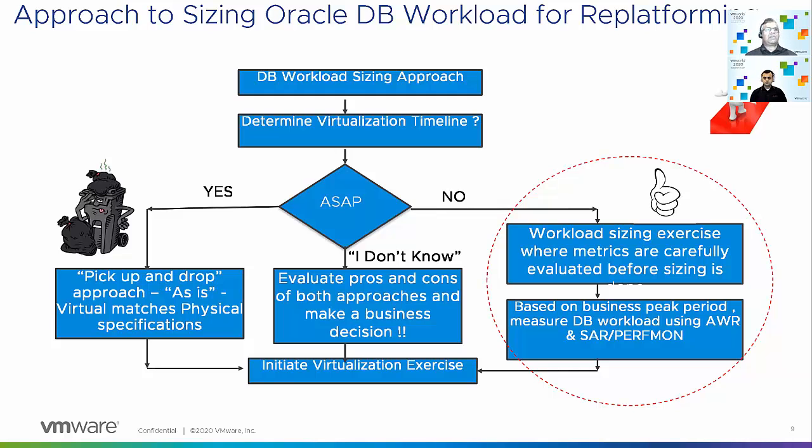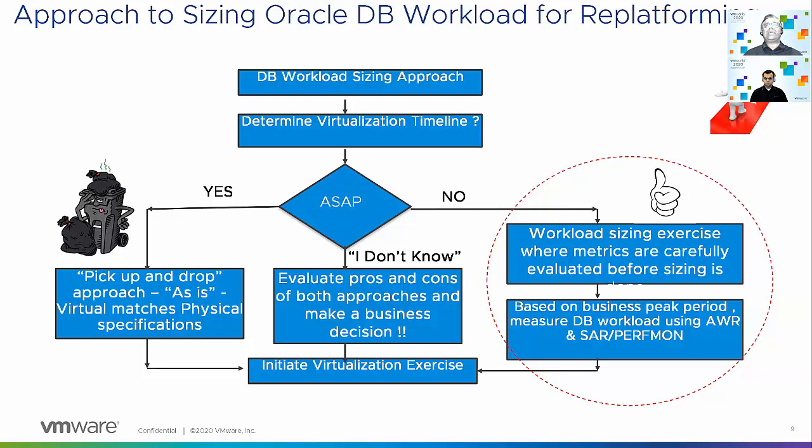Then one has no choice but to essentially do a pick up and drop approach, right? Which means the physical environment is going to match the virtual environment as is, right? So there is no savings in resources. And at some point of time, you'll have a lot of wastage in servers as well. And in terms, it's essentially garbage in, garbage out, right?